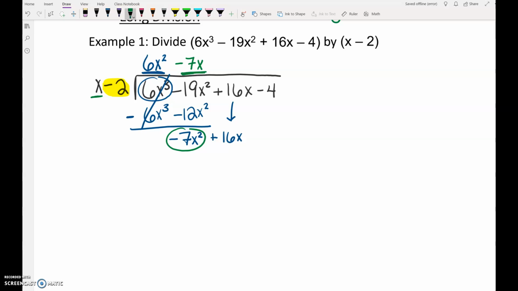Now we are going to distribute this negative 7x to these two things over on the left and write the result right down here. So negative 7x times x is negative 7x squared. Negative 7x times negative 2 is positive 14x.